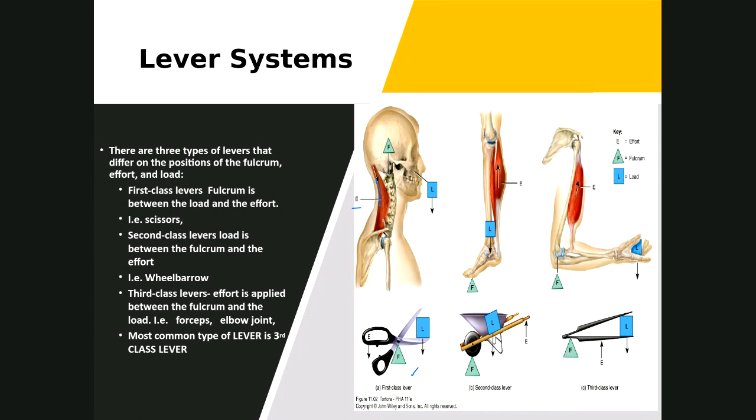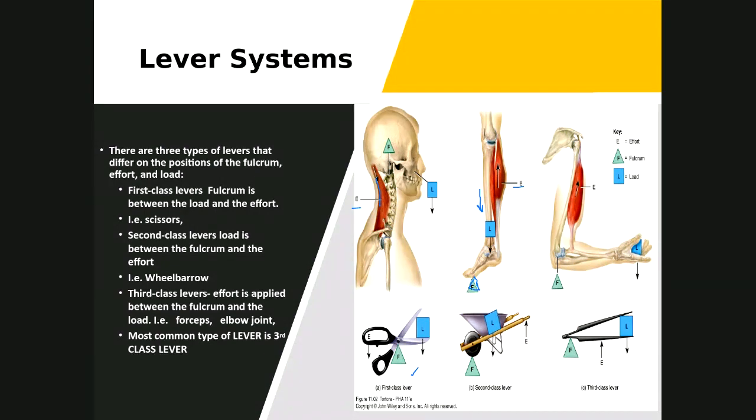The second class would be like a wheelbarrow. So in this case, the load is going to be the weight. The effort would be the muscles that have to contract. And the fulcrum, for example, would be like standing on our toes, or the front part of your foot.